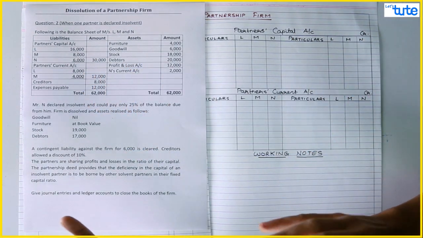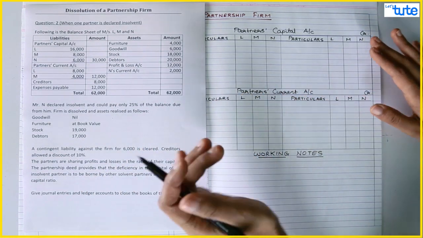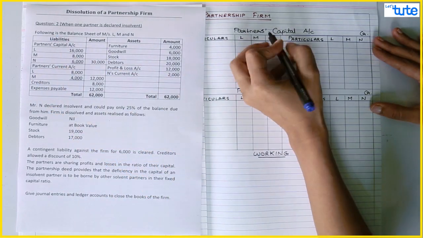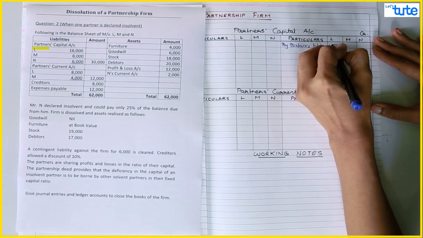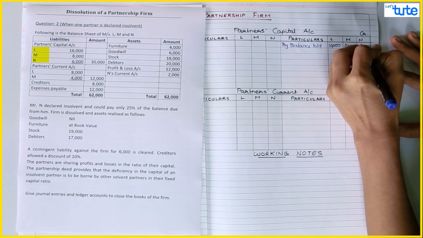So we are not transferring from one account to another, we are just writing the opening balances before the dissolution. So for the capital account we say by balance brought down: L 16,000, partner M 8,000, partner N 6,000.